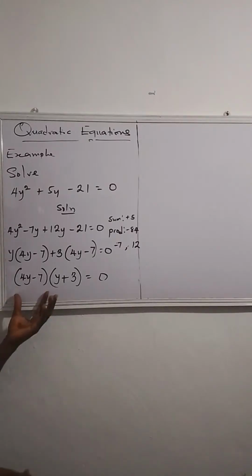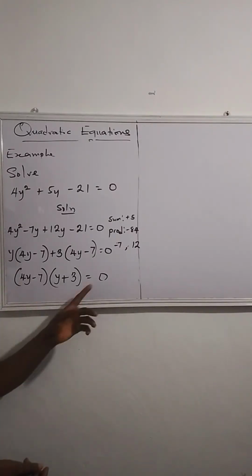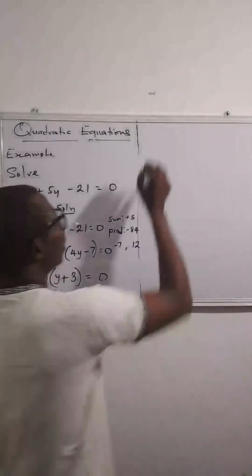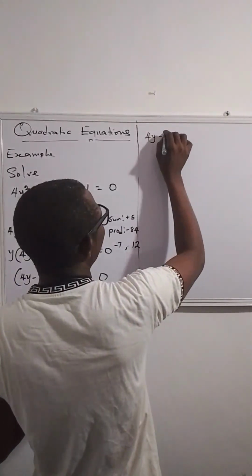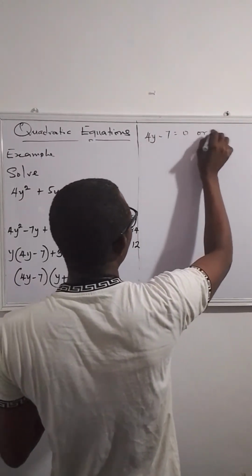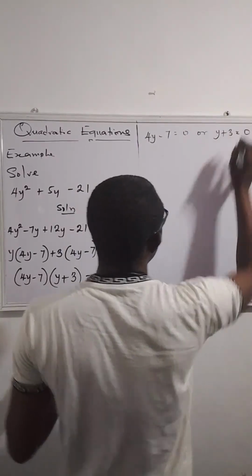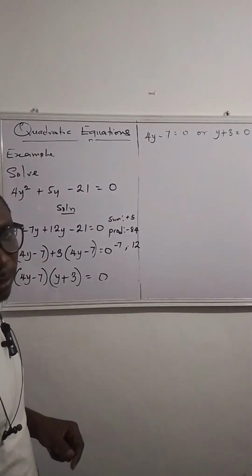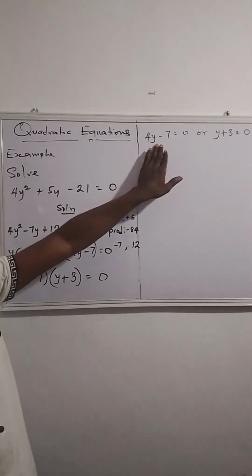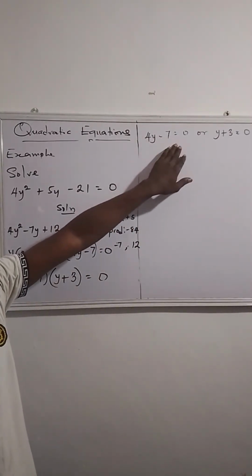All right. Now we have two numbers multiplying each other to have 0. So it's either 4y minus 7 is 0 or y plus 3 equals 0. Okay, so now let's add 7 to both sides.